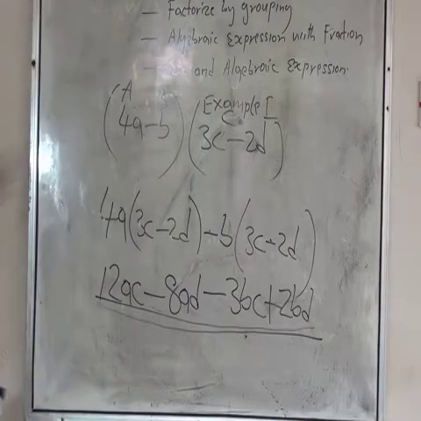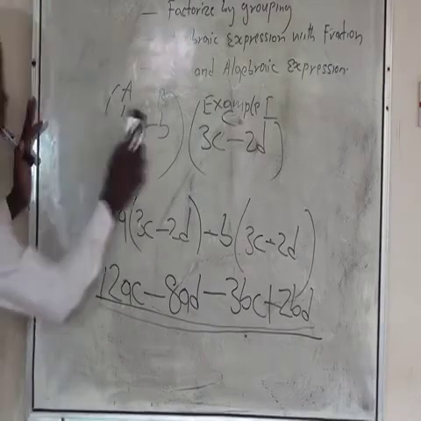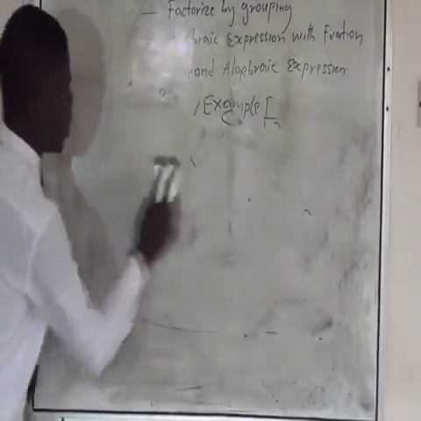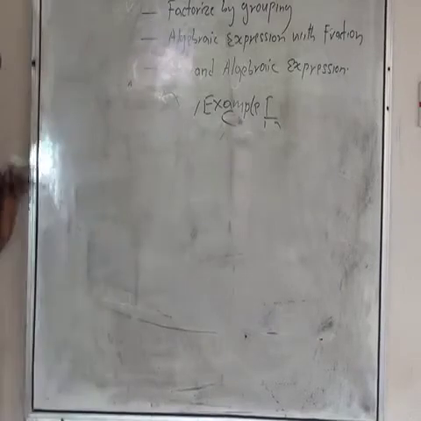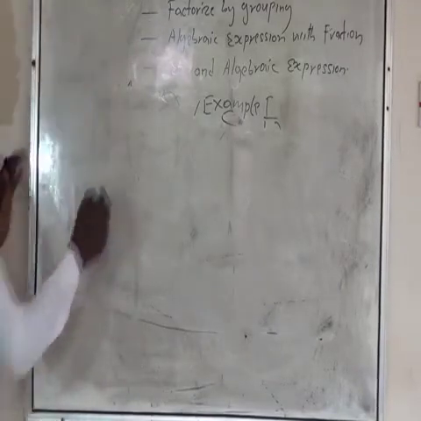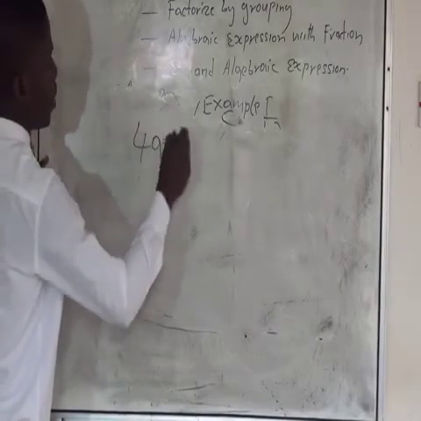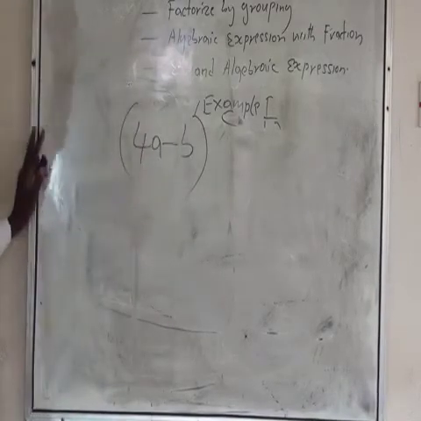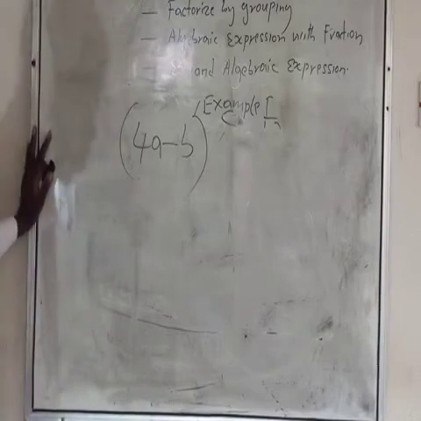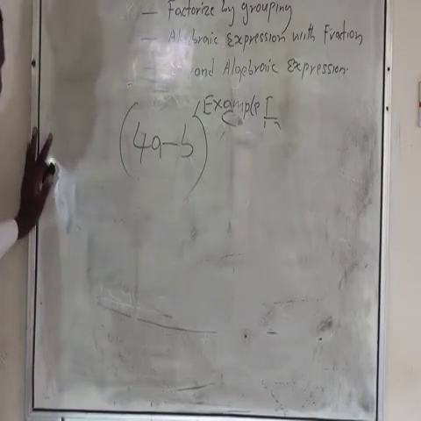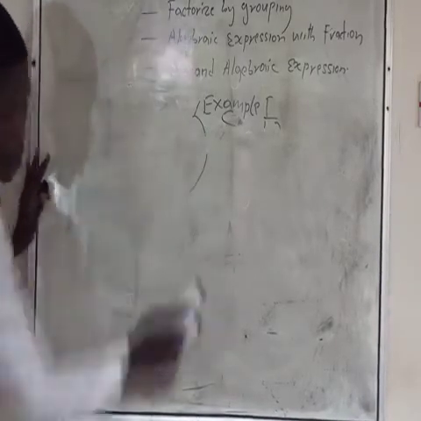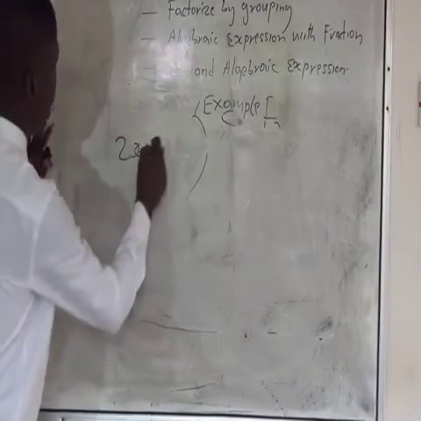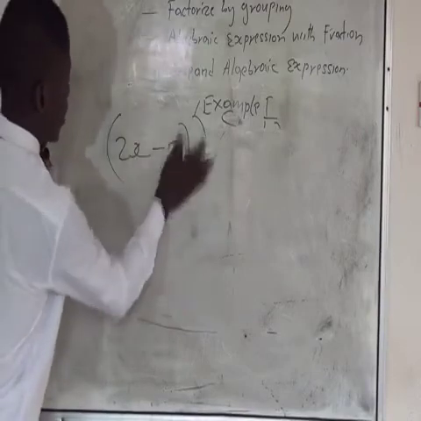Example 3. 4a minus b, open and close bracket. Sorry. 2x minus 5, open and close bracket.